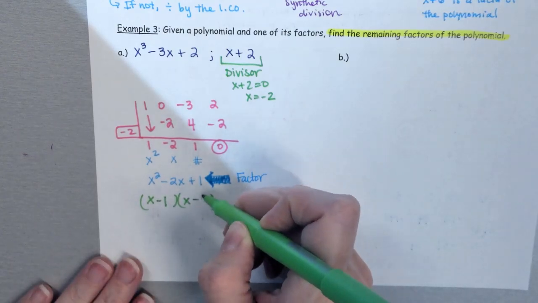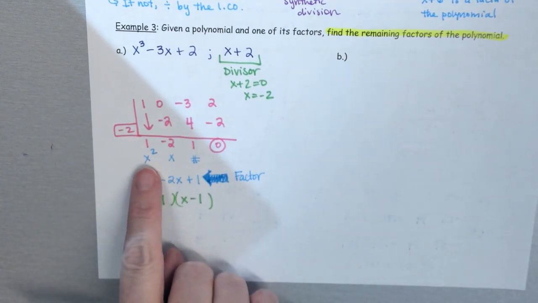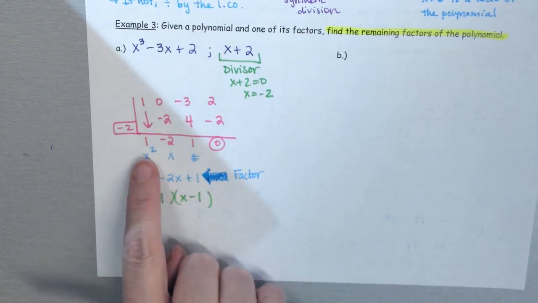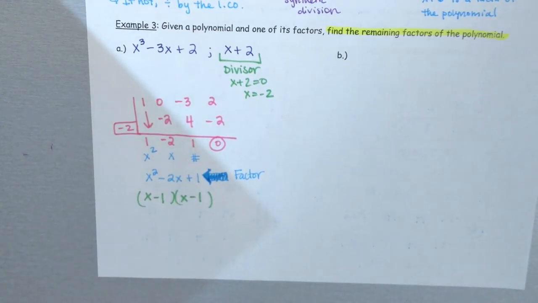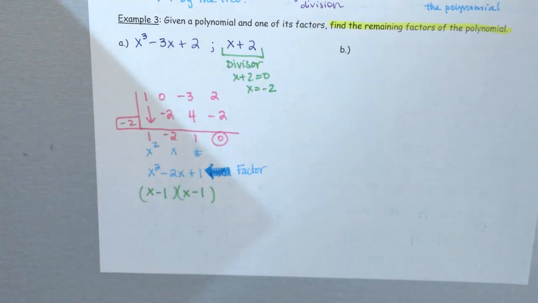So once you divide, it is going to bring that down. So this is going to be your remainder, your number, the coefficient of x, the coefficient of x squared. And that should always happen when you're using synthetic division. No, because we aren't solving. We're only looking at the factors.